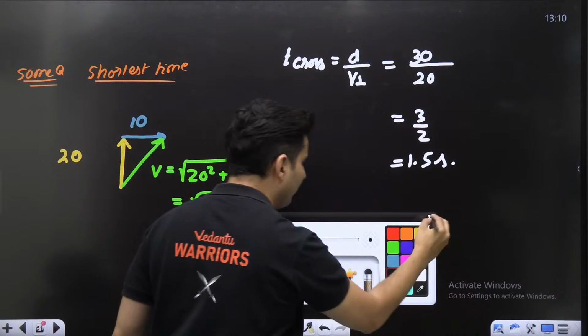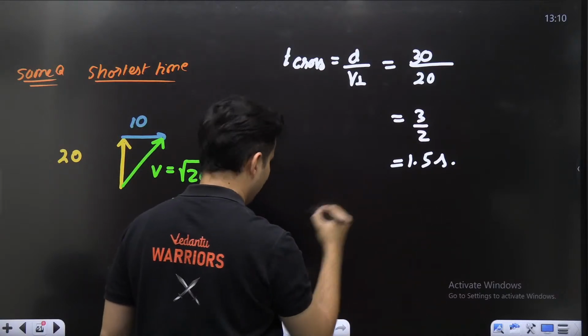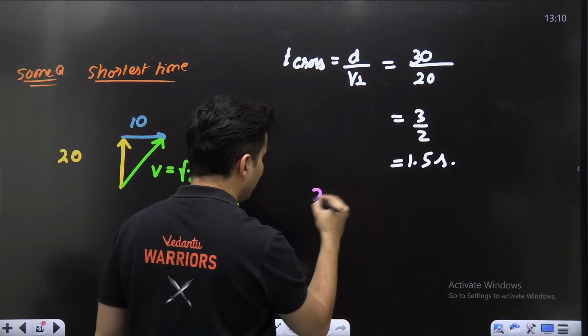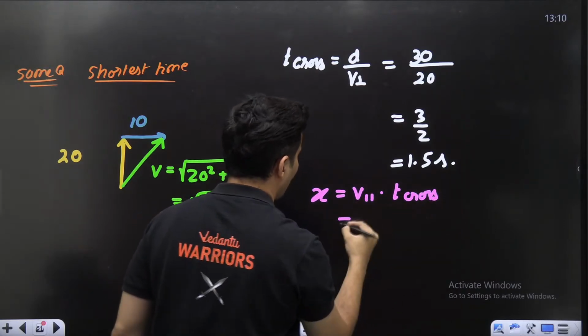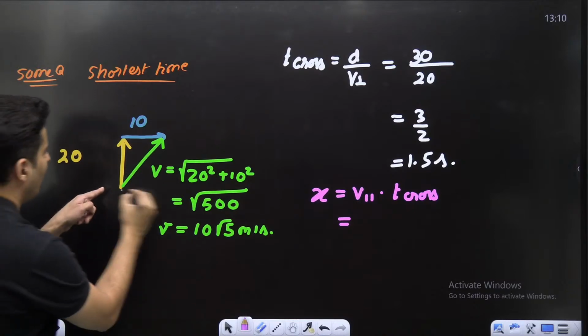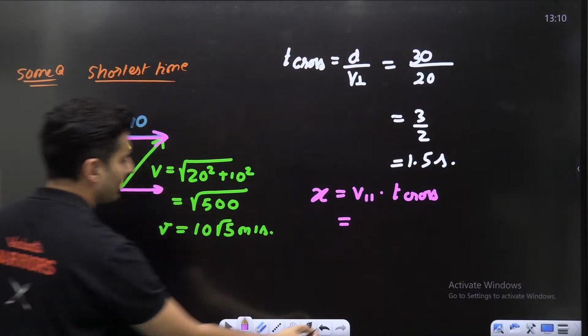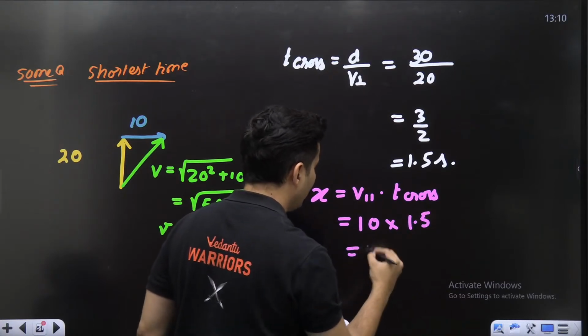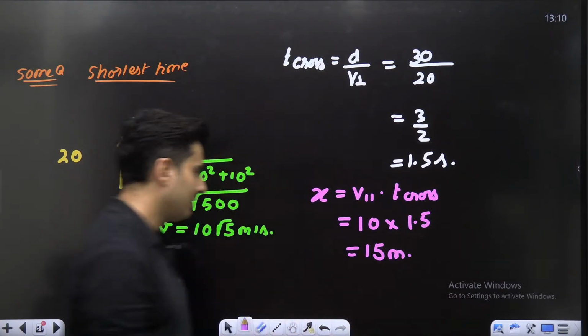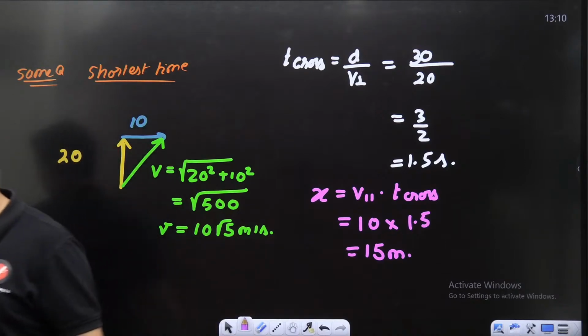If they ask me drift, it is parallel velocity into the time taken to cross. The parallel velocity is exactly 10 and time taken is 1.5. So it will be 15 meters. That's how you solve the problem.